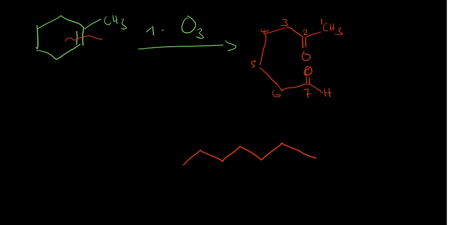This is a ketone. On carbon number 7, we put our aldehyde. So this is the structure. This is just the same. We have just expanded the ring.